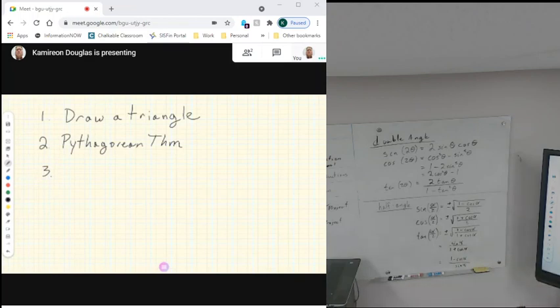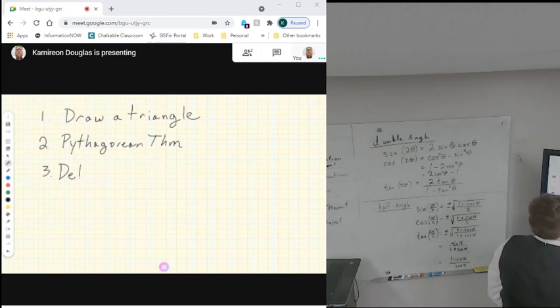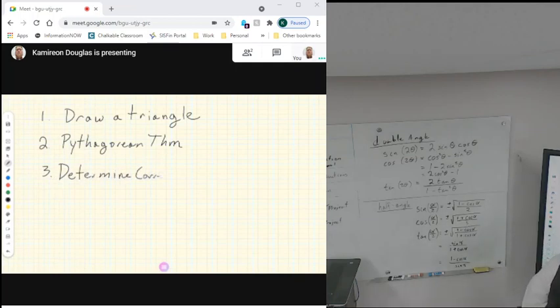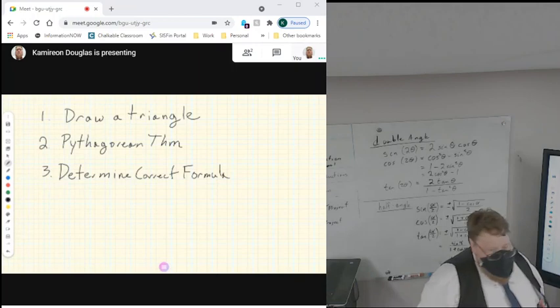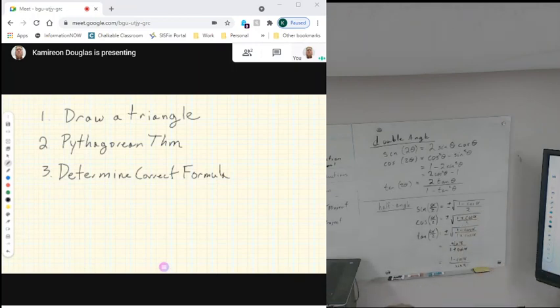Well then, step 2, determine the correct formula. Oh, you messed me up, man. You said find correct formula is number 2. I did. You could put draw triangle and Pythagorean theorem together, because those two are going to go together every time.